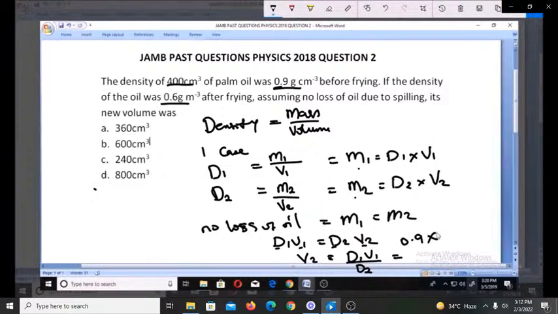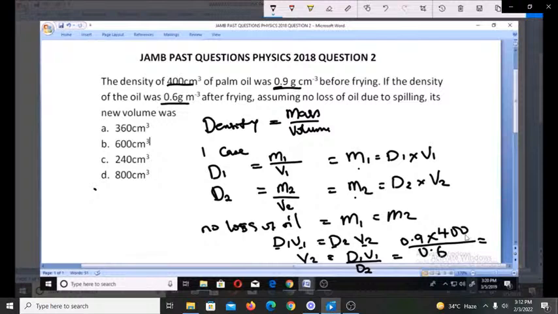V1 is 400, all over, what is D2? D2 is 0.6. So if you press your calculator, or if you multiply 0.9 times 400 all over 0.6, then you should be able to get the right answer.